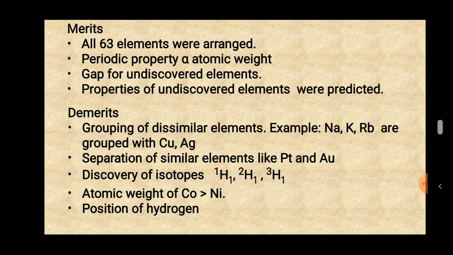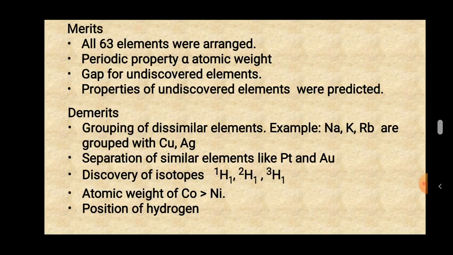Now what are the merits, or what is the success, of Mendeleev's periodic law? Here all 63 elements were arranged. At that time, 63 elements had been discovered, so all 63 elements were arranged in Mendeleev's periodic table. And periodic properties are directly proportional to atomic weight or atomic mass.